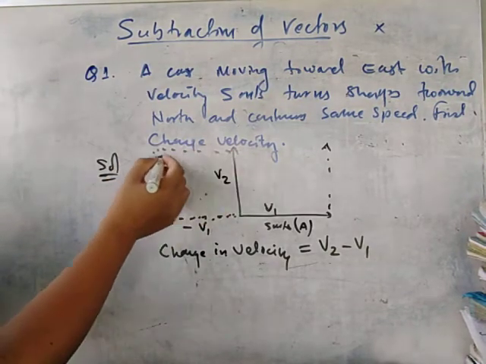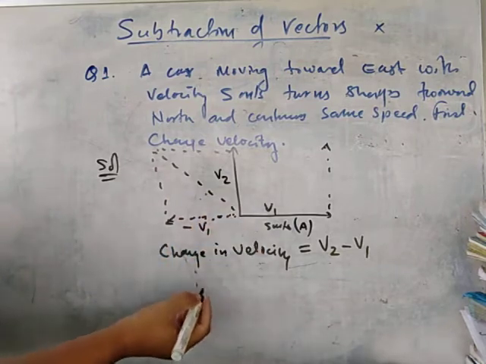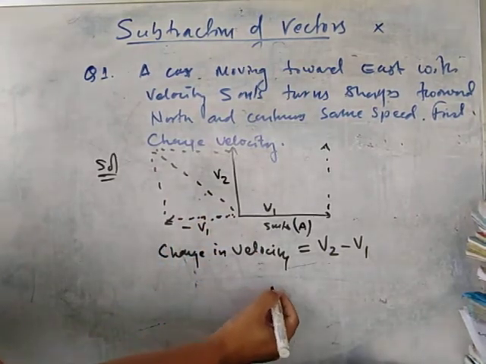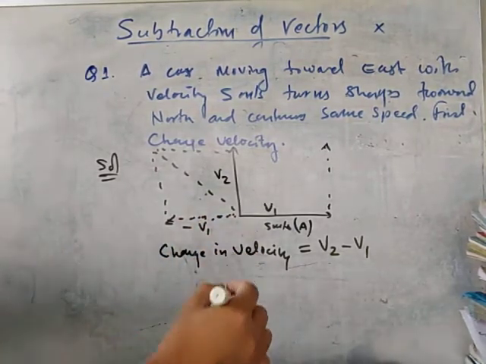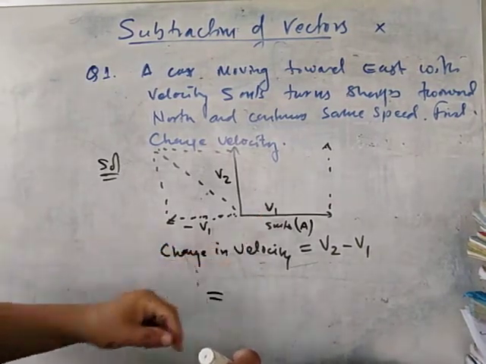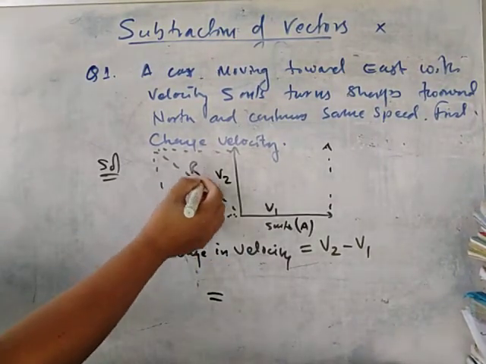This is v2 minus v1, and r is your resultant.